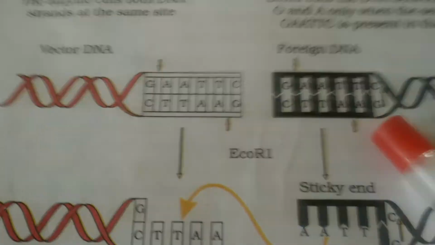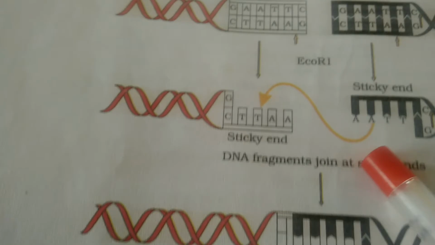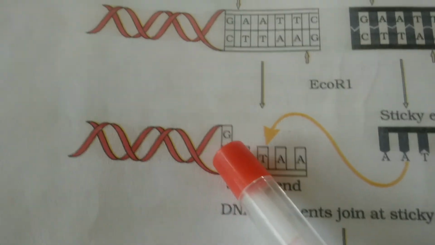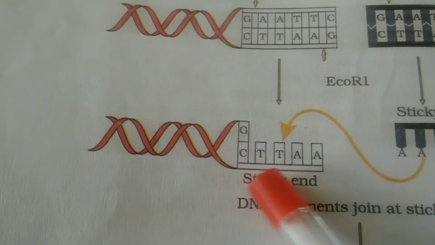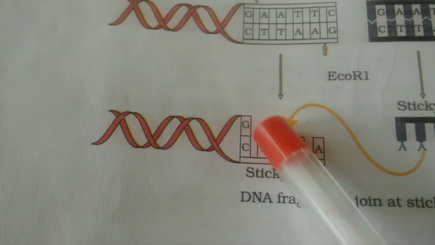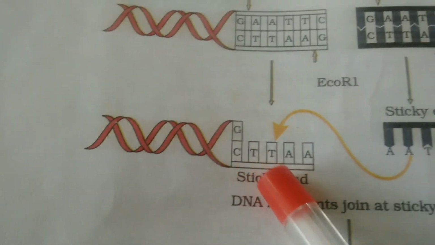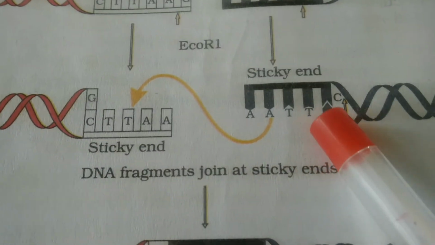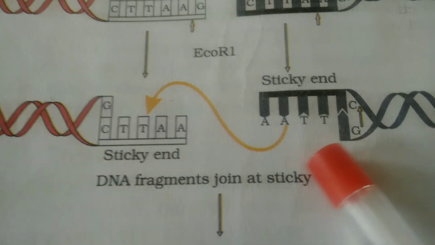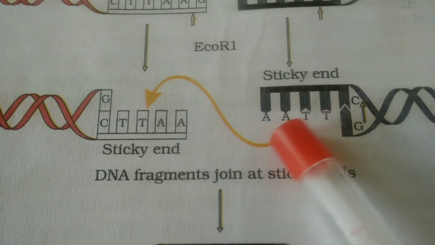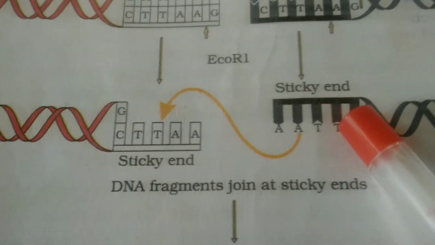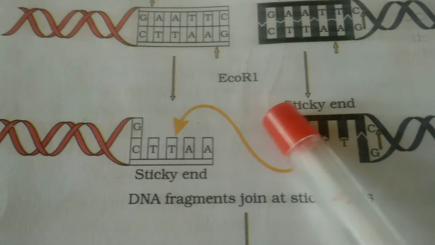Then, after the removal of the palindromic sequence of one strand, the strands which are overhanging form sticky ends, single stranded overhanging stretches.